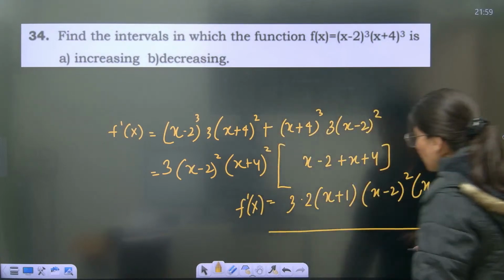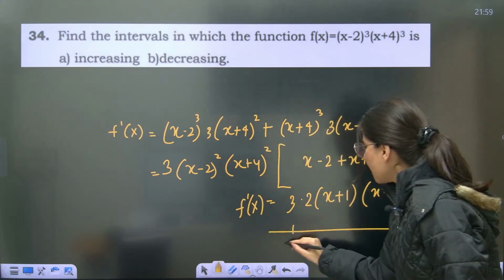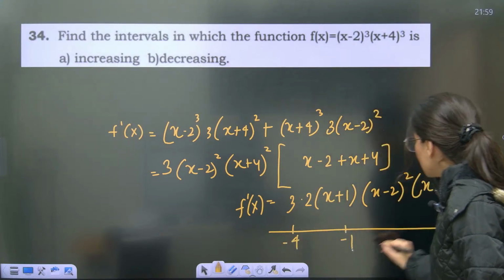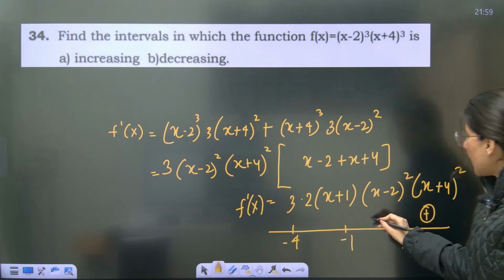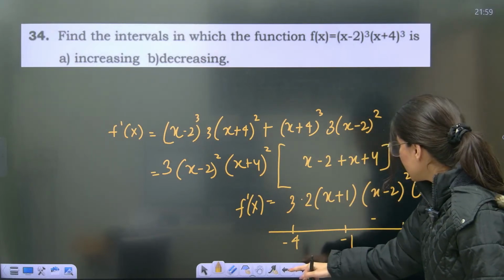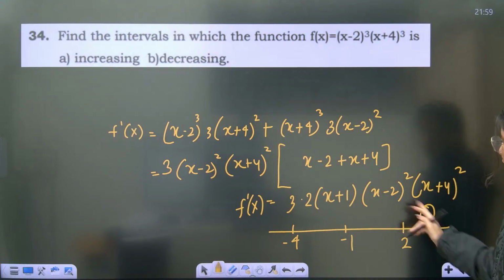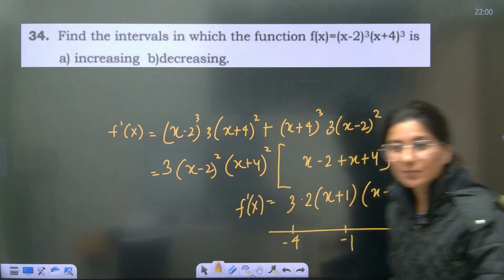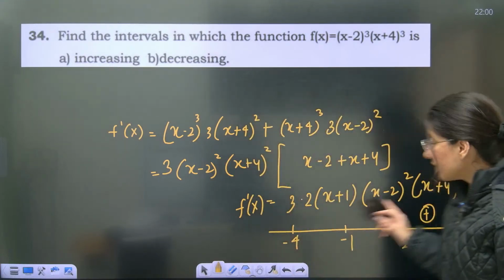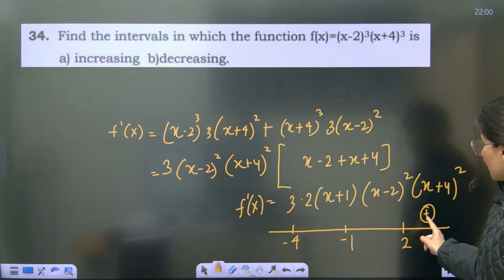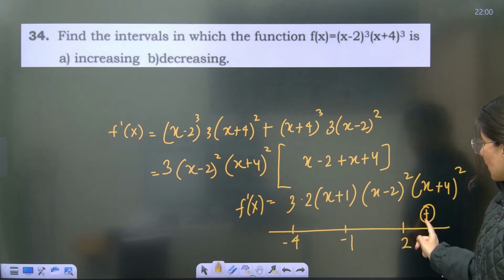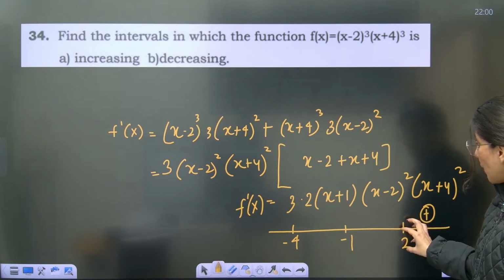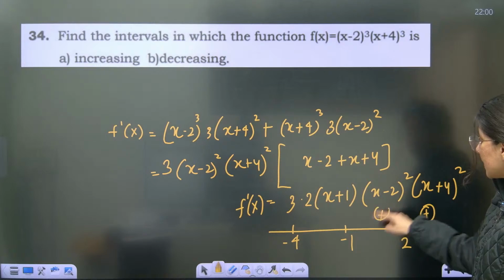Now you have to plot the critical points, which are minus 4, minus 1 and 2. Remember the wavy curve. Starting with plus, you are crossing this critical point which has even power, so the same sign.